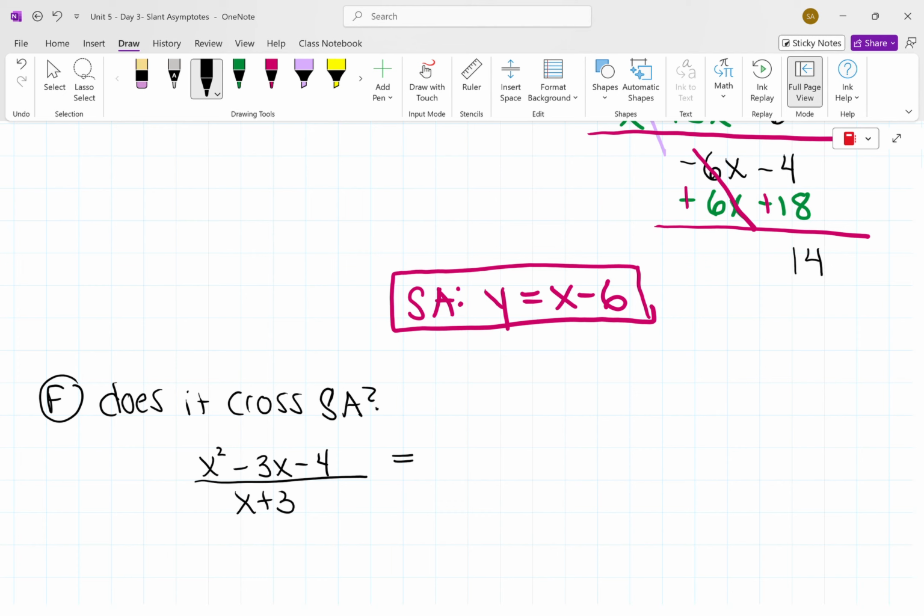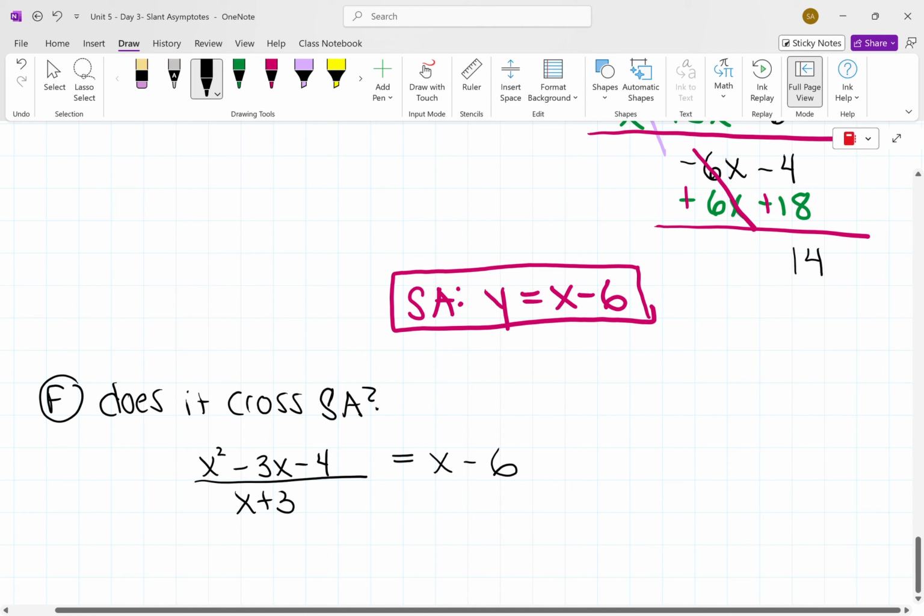The slant asymptote's not a number. The slant asymptote is an expression. What is it this time? x minus 6. I'm going to put this over 1. And now we cross multiply.